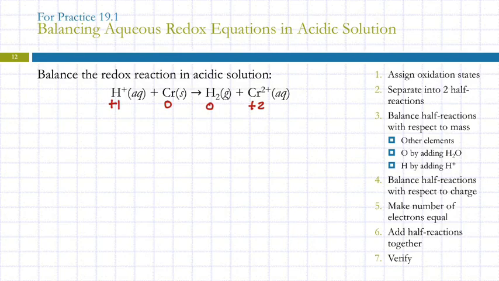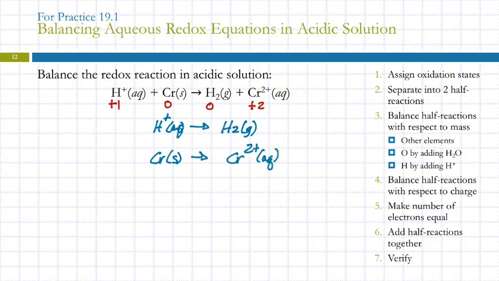So I'm going to split these into 2 half reactions. The hydrogens are going to be together in one half reaction, the chromiums together in the other half reaction. So here's my H plus and H2, and I've got Cr and Cr2 plus.